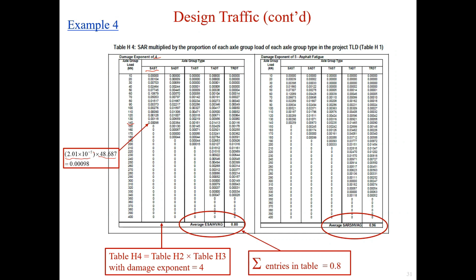0.00098. The sum of the entries in this table is 0.8, and that's ESA over HVAG. Similarly, the average SAR5 over HVAG for M equals 5 is the sum of the calculated values in the right table, and it is 0.96.